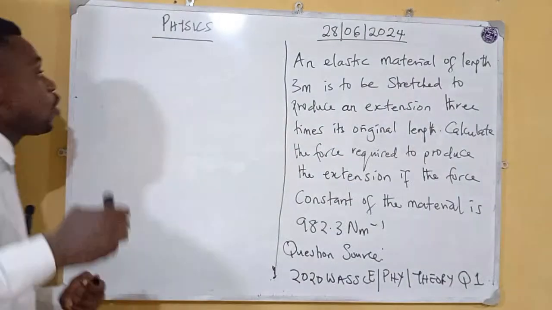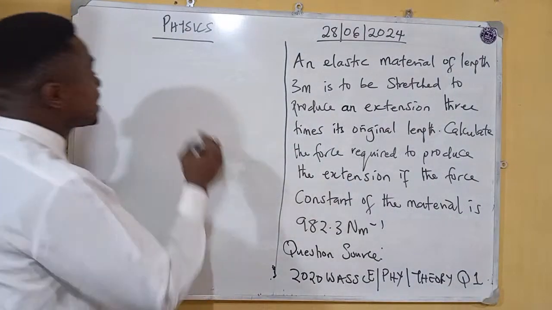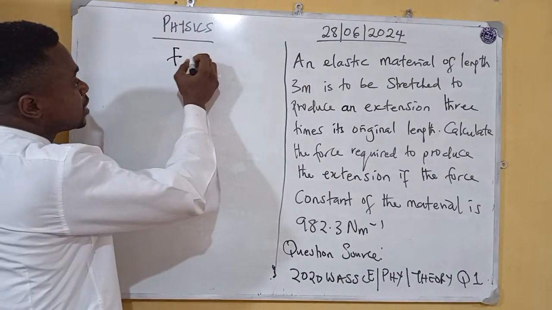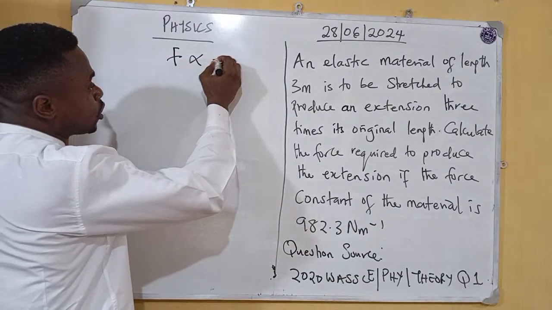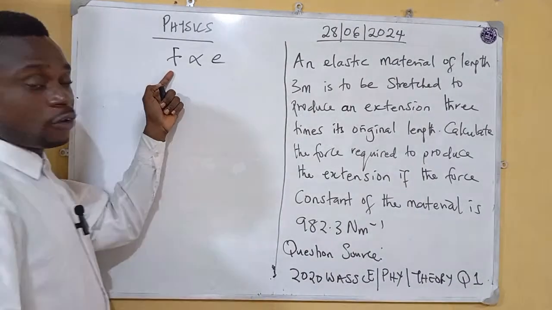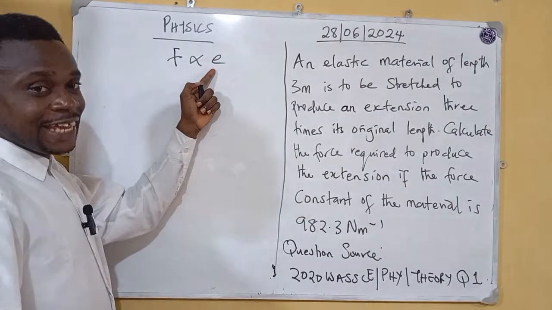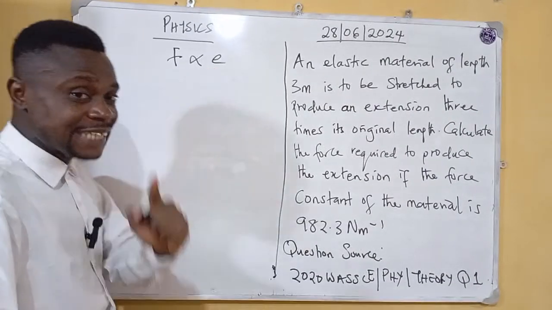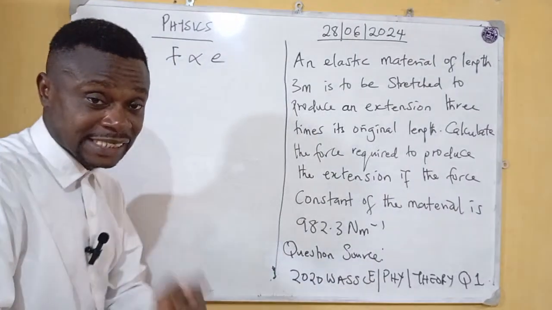So Hooke's law states that F is directly proportional to E. F is the applied force or the load, while E is the extension. Extension and the length are not the same thing.